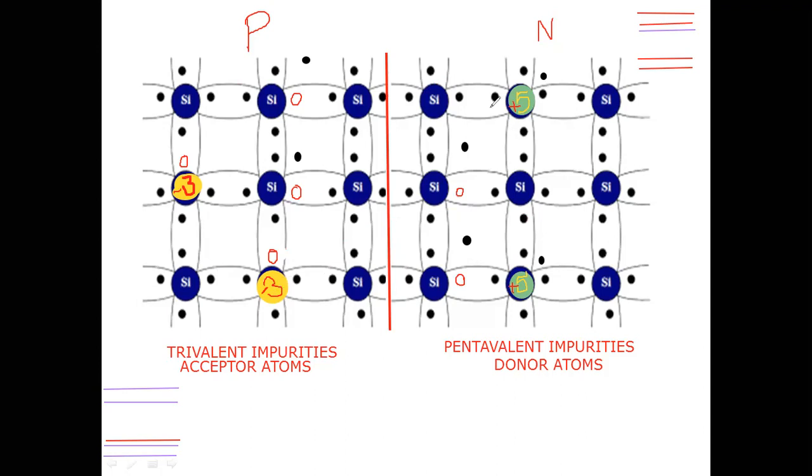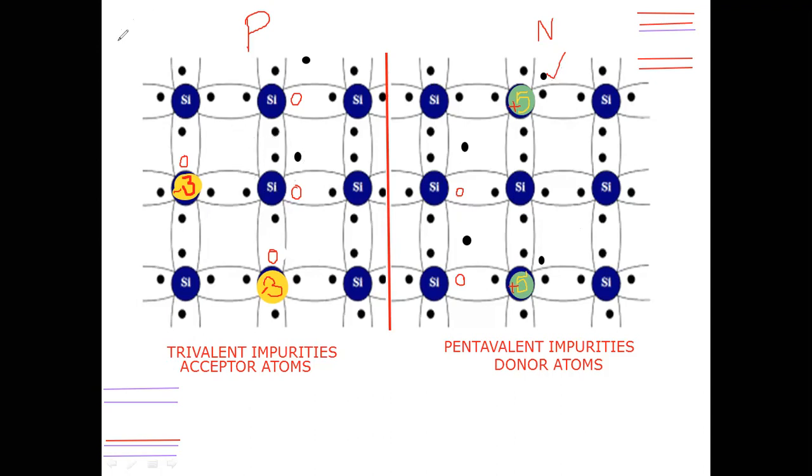Let us suppose this pentavalent impurity atom has an electron here. Or let me put this in another way, for the purpose of simplifying the concept. In n-type, electrons are majority charge carriers, and in p-type, holes are majority charge carriers, right?